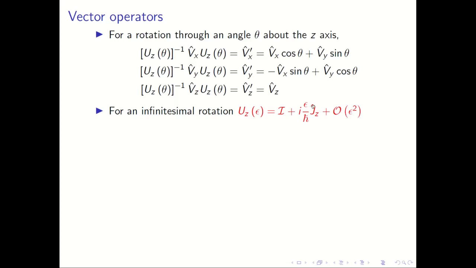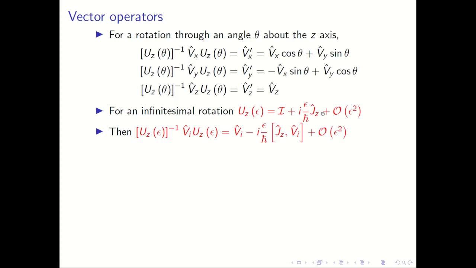Now if I take this version of U_z(ε), plug it into the way in which the operator changes, of course the U_z(ε) inverse in front will become identity minus iε/ħ Jz plus higher order terms. U_z(ε) sitting here is of course just this, and if you calculate the thing through to order ε, it's pretty easy to see that the transformation of a vector component Vi will be essentially Vi itself.